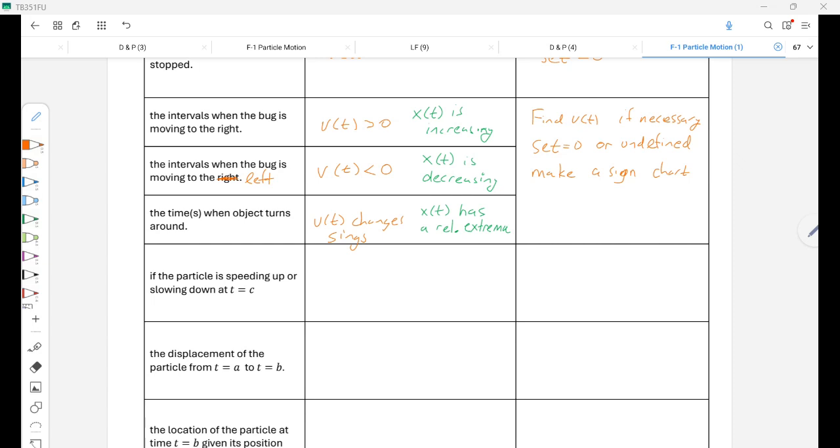For speeding up and slowing down, this is the one where we look at v of t and a of t and check to see if their signs match. So speeding up, v of t and a of t have the same signs. Slowing down is the opposite.